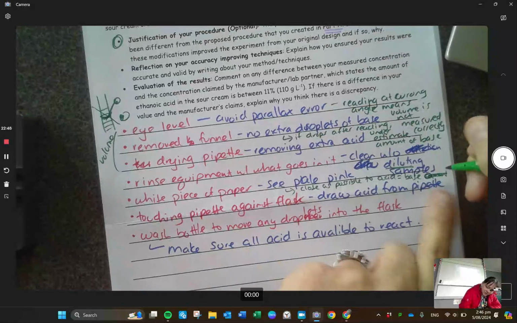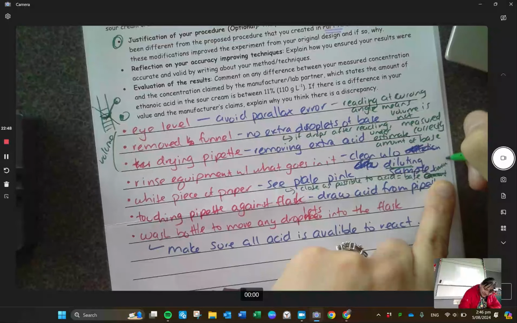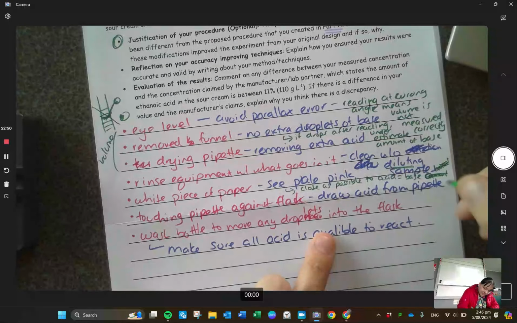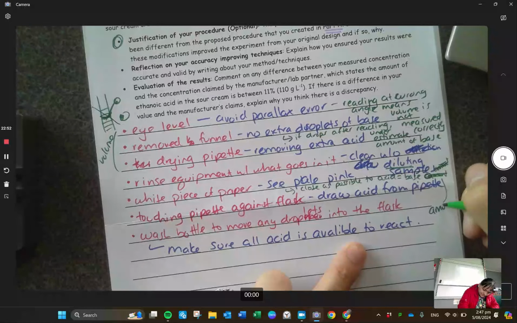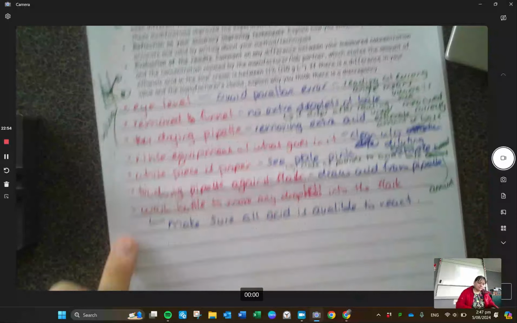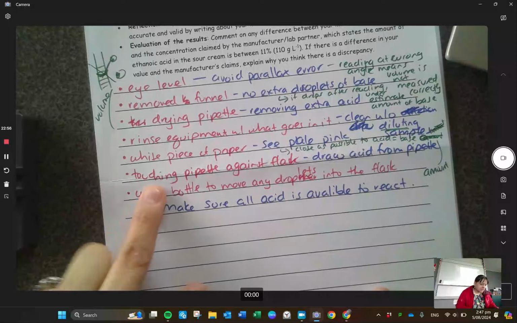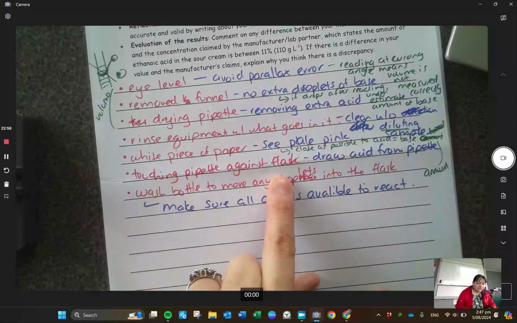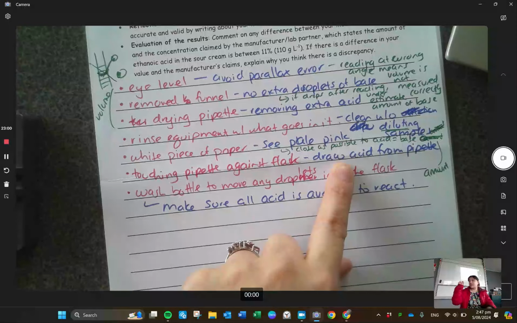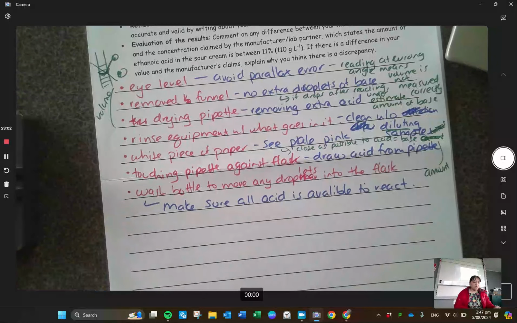I haven't thought this through very well. Touching the pipette against the flask, again, draws the acid so you get the right volume. Wash bottle, again, making sure all your acid's there. So the basic idea that you're thinking about when you're trying to explain the how is how is it going to change your results.